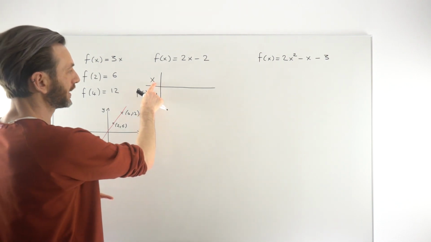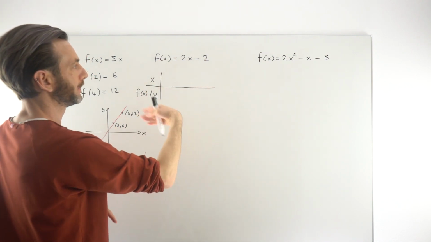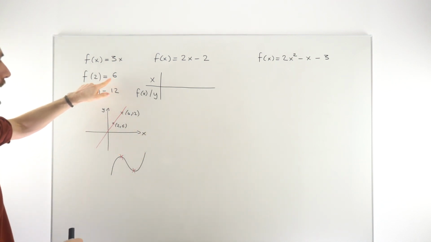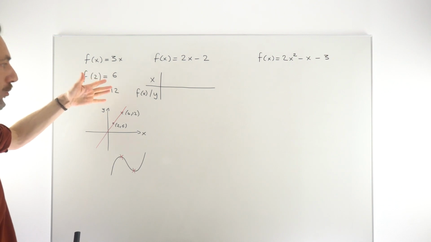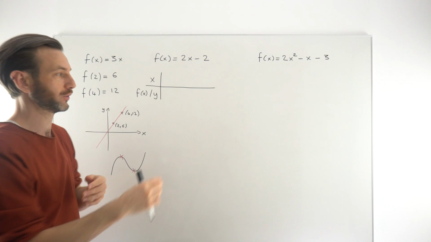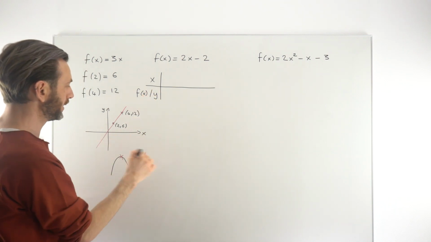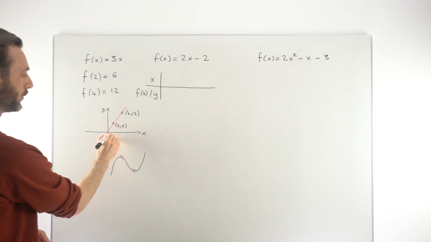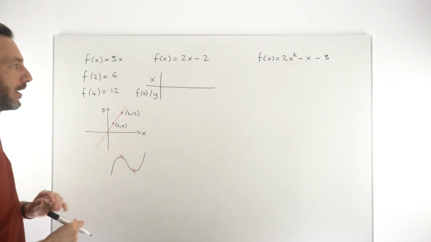So we take the x, we put it into the function, and we get some number. So we put 2 in here, we got 6 out. That 6 is the f of 2 value, but in terms of switching it over to the graph, we call that the y value. So we're plotting the inputs along here on the horizontal axis, and we're plotting the outputs on the vertical axis. And that's just how the graphs work.